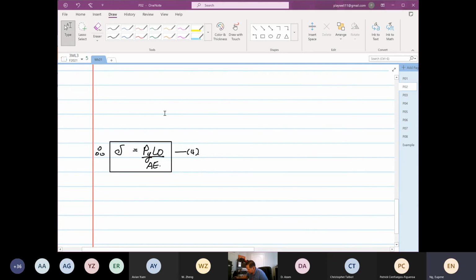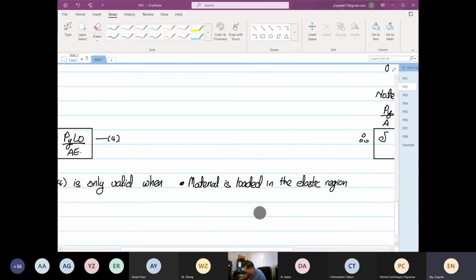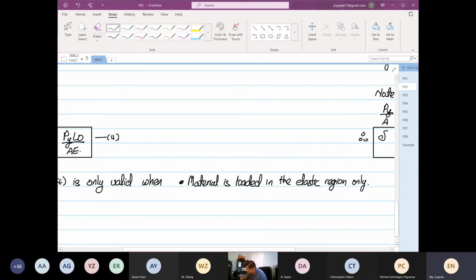Equation 4 is only valid when the material is loaded in the elastic region only. Then you can use PL over AE.